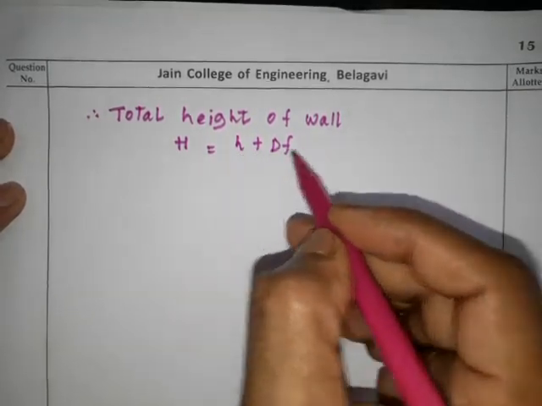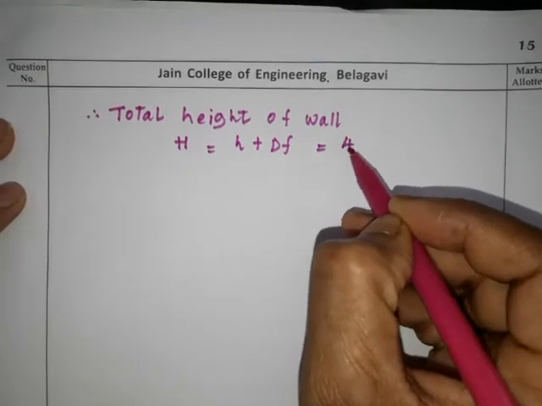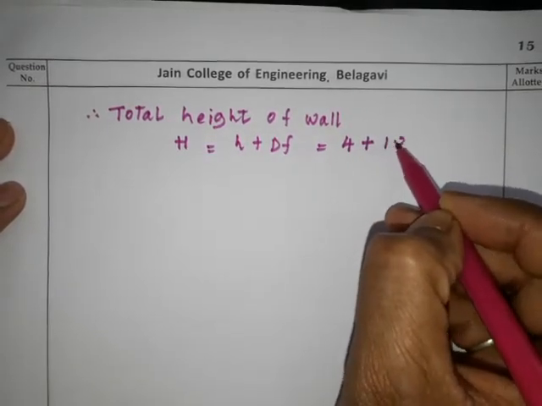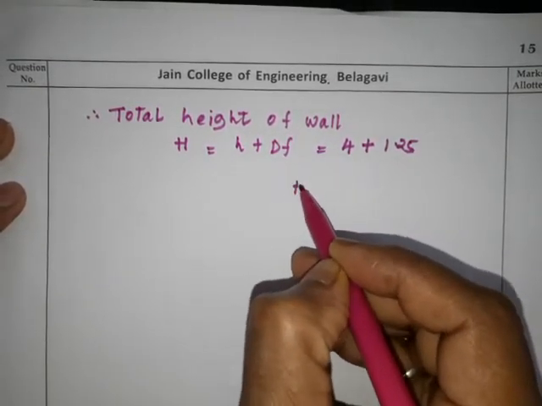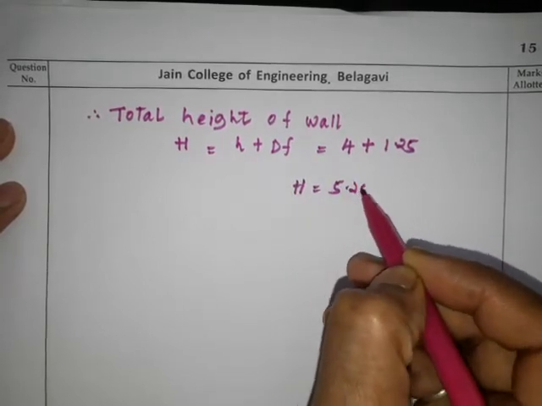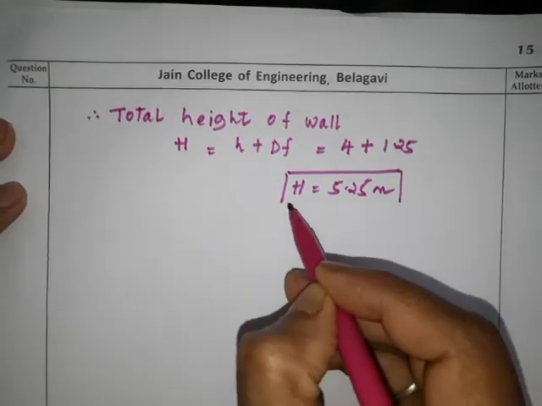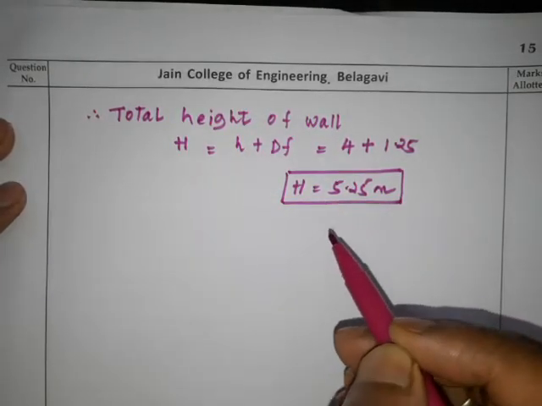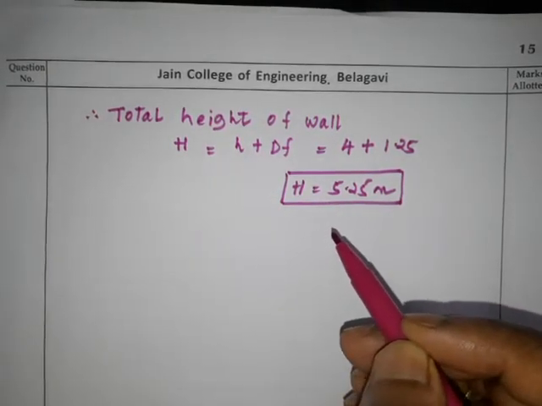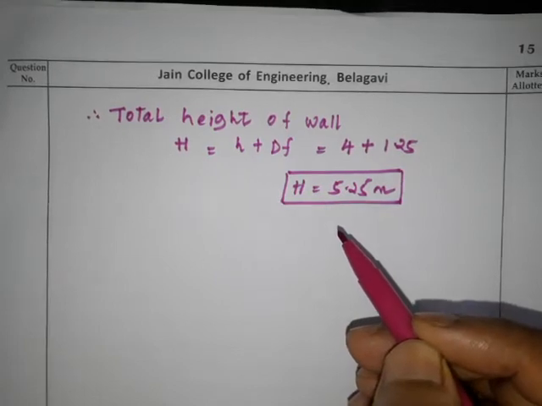Okay. So above ground level, the height of the retaining wall is 4 meter plus the depth of foundation is 1.25. So we will get the total height is 5.25 meter.